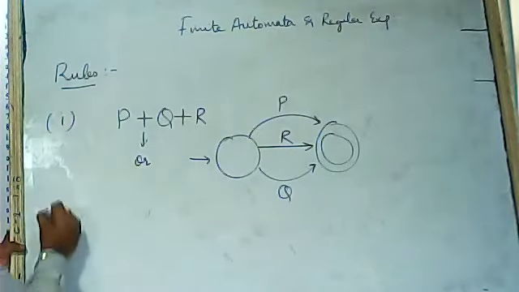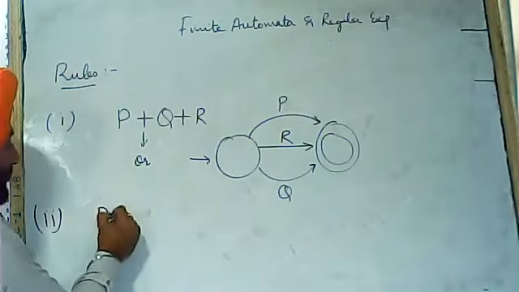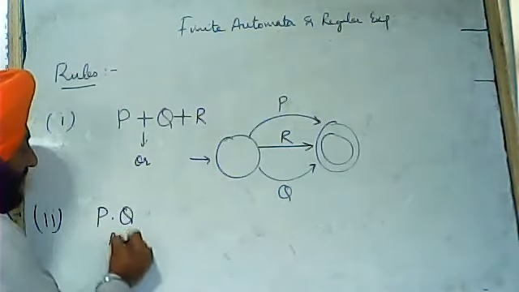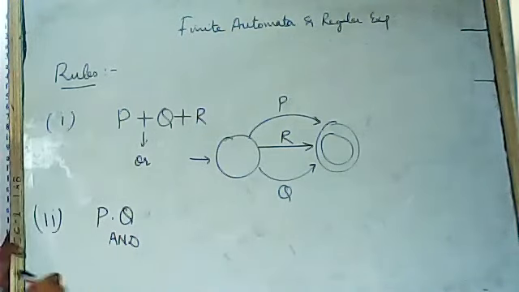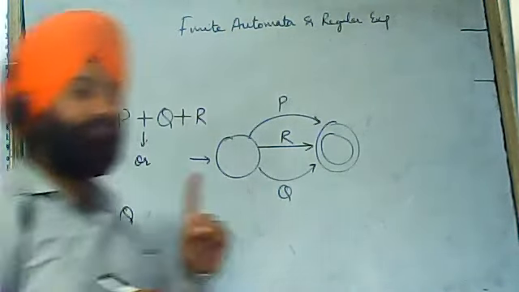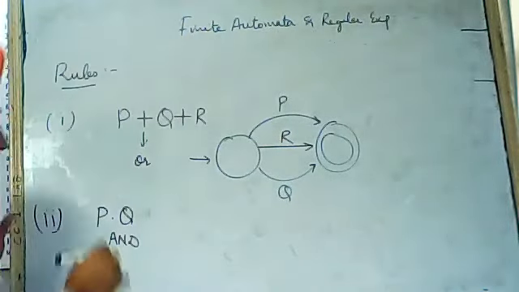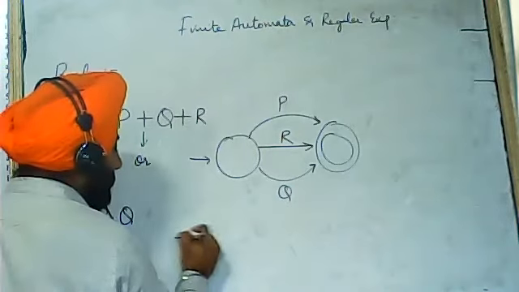The second rule is for dot, P dot Q. This is your AND, which means that you have only one way to go to the final state. So what will be the corresponding diagram?